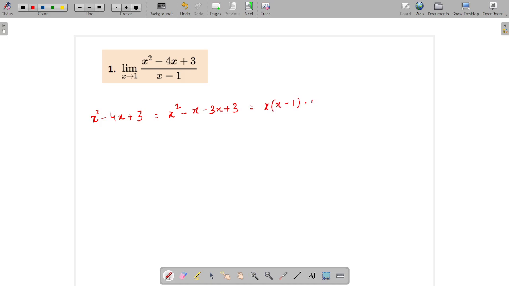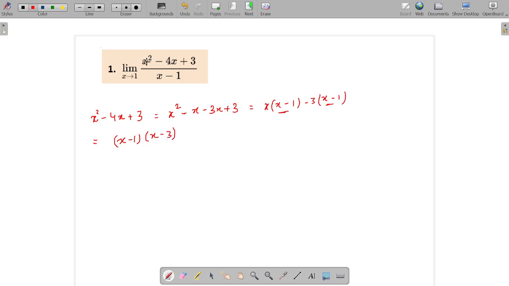Taking 3 common here, I'll take minus 3 common and it will be x minus 1. Now x minus 1 is common in both of the terms, so I'll take x minus 1 common in whole and I'll have the factors as x minus 1 multiplied by x minus 3.